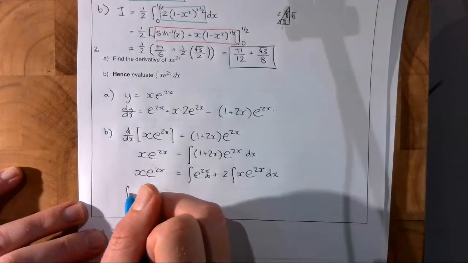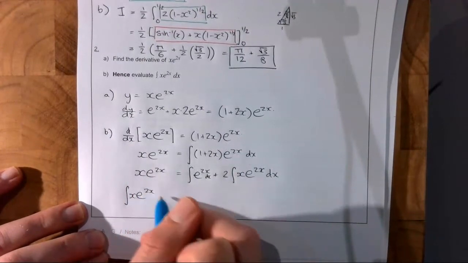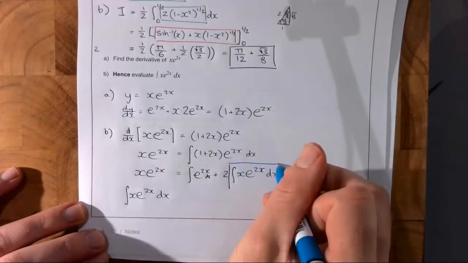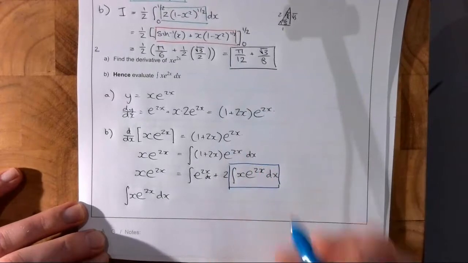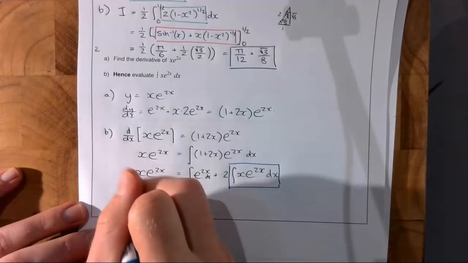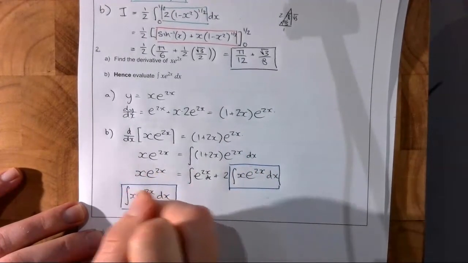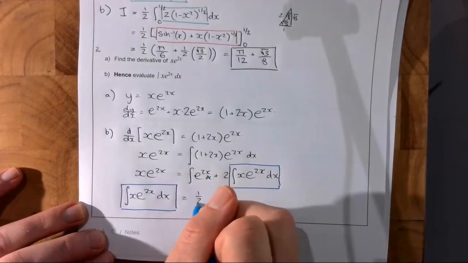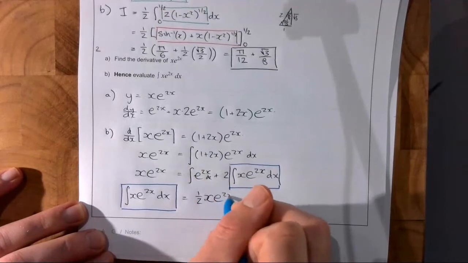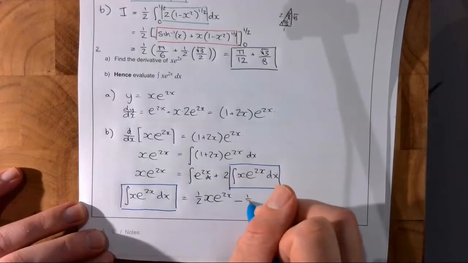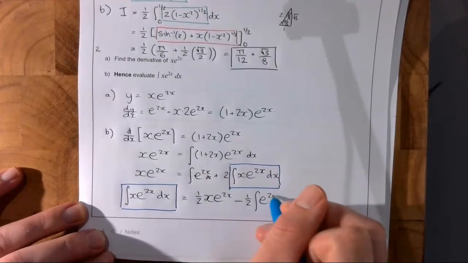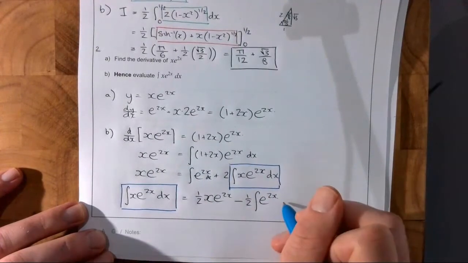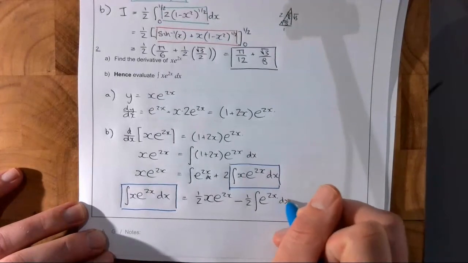So making this blue box the subject, that's going to be a half x e to the power 2x, take away a half times the integral of e to the power 2x dx.